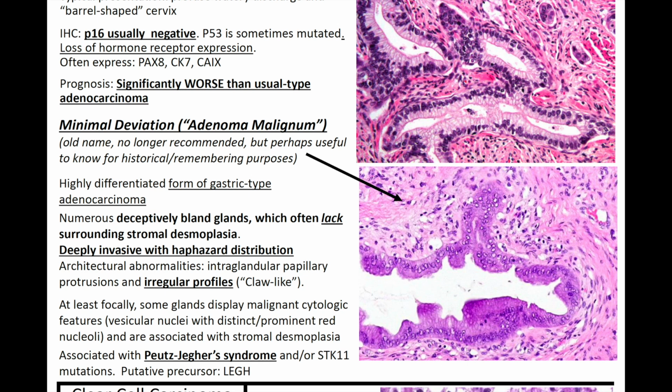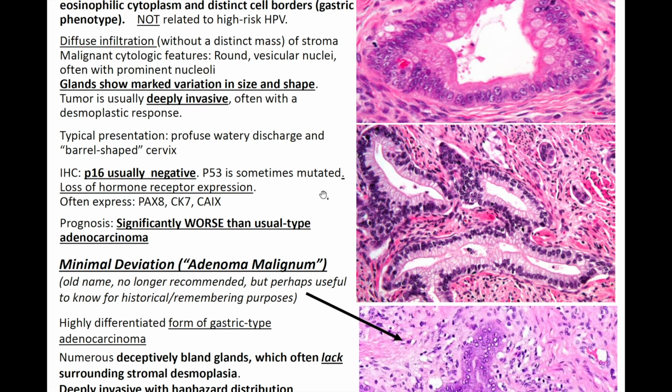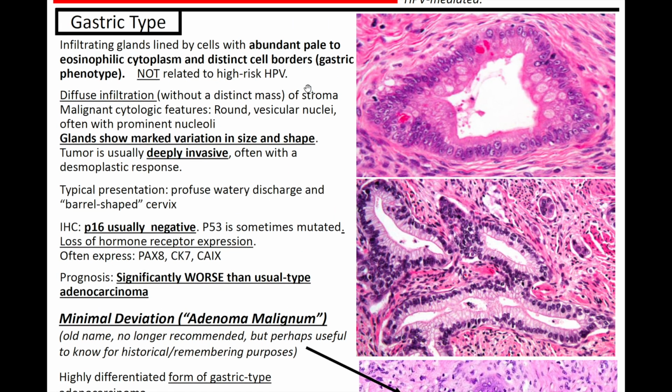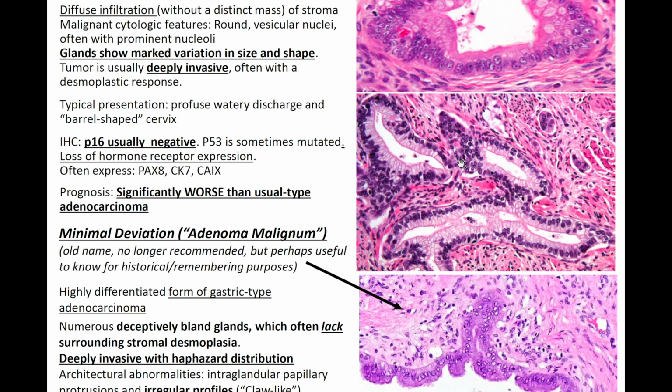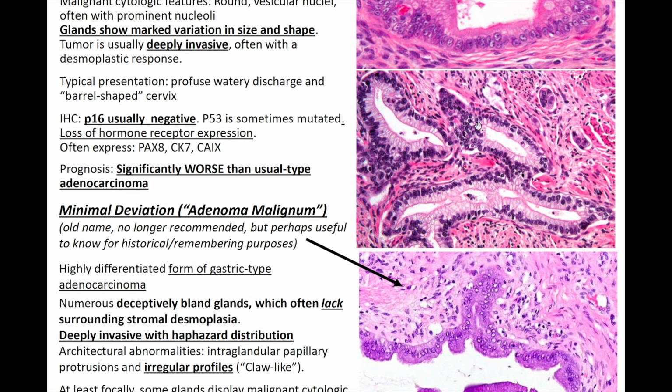This is associated with Peutz-Jeghers syndrome and/or STK11 mutations with the putative precursor of LEGH. And here's some images of what the gastric type adenocarcinoma may look like. You can kind of appreciate, it looks like foveolar epithelium or more gastric in appearance with some of that mucin that you're seeing.